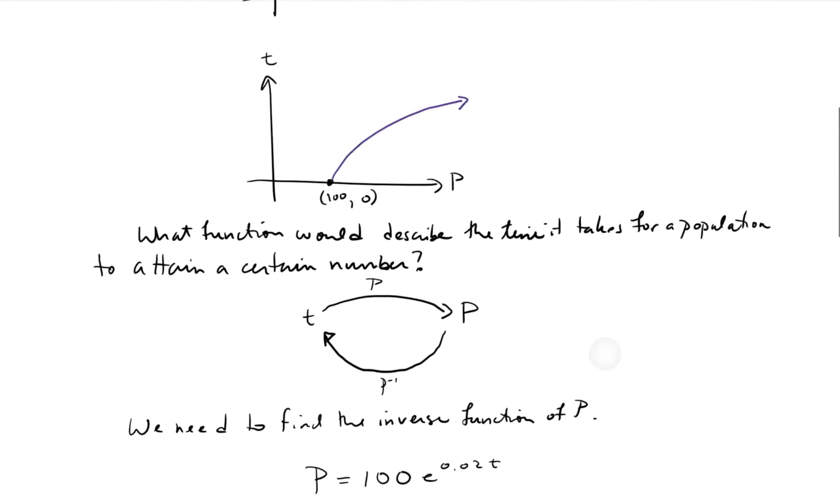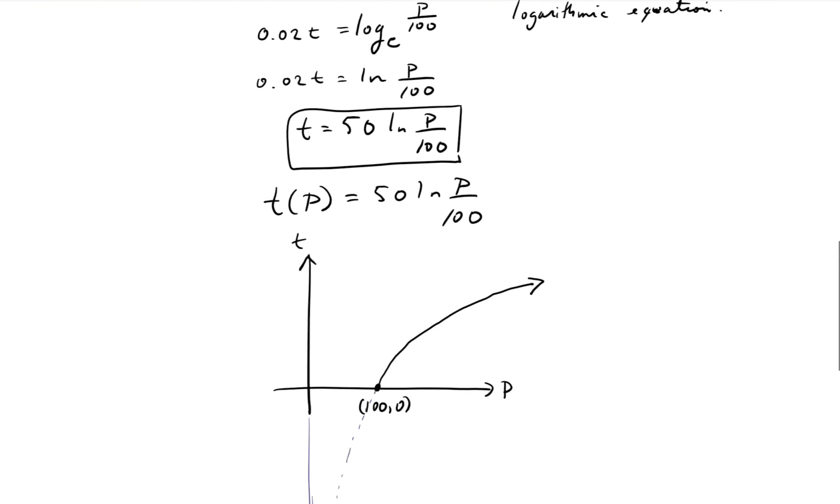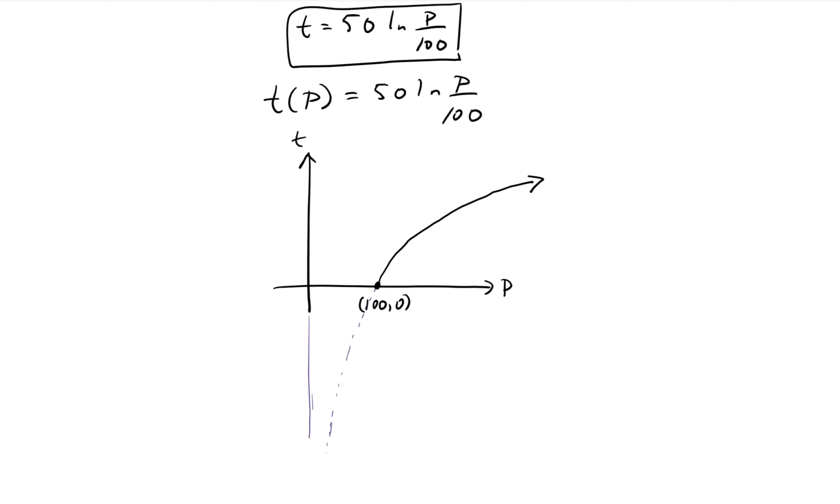The reason for that is that for our exponential function, the t-axis is an asymptote, and as you reflect this t-axis, which is the asymptote, across the line p equals t, it becomes the p-axis. So this plunges down all the way to minus infinity like that if we extend it. But normally in this problem we're just interested in the top part, the part where t is positive.